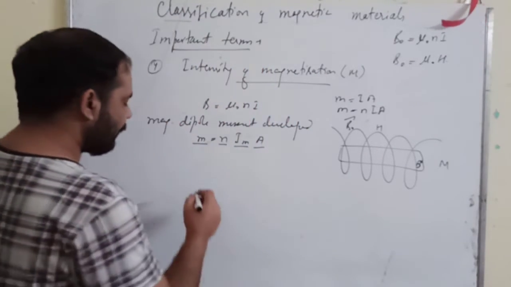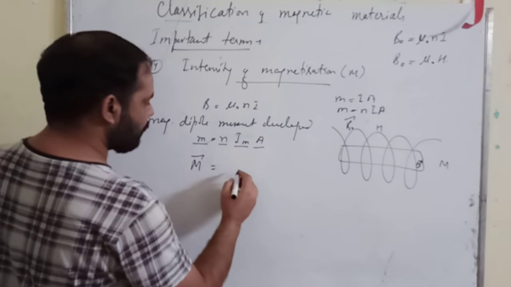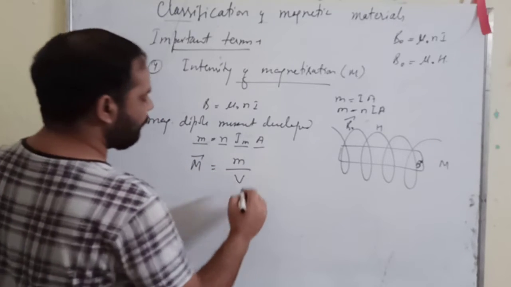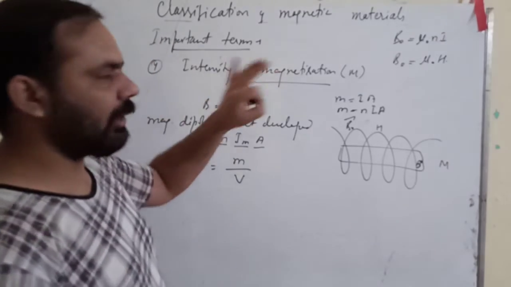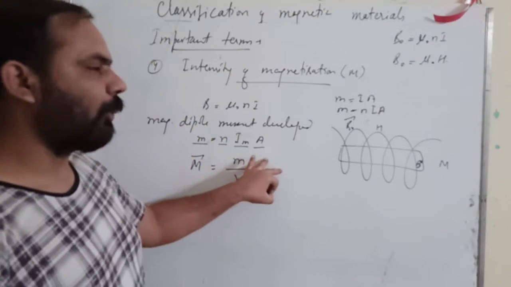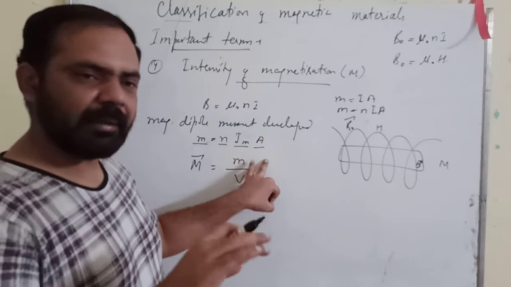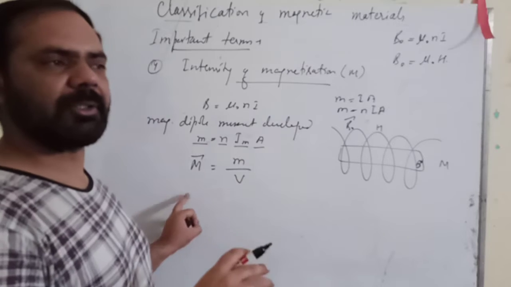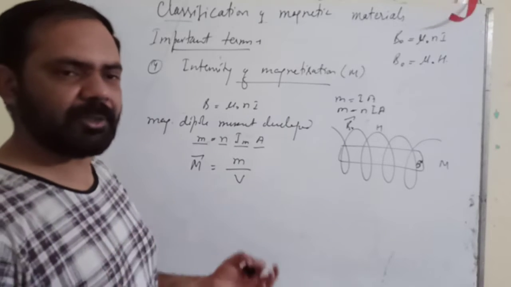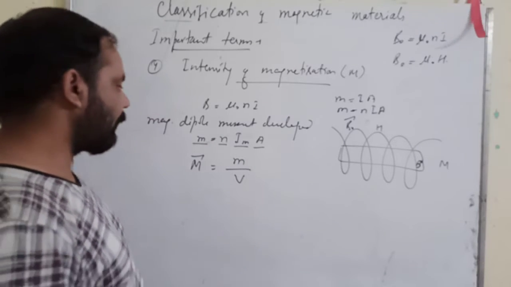So what will the M vector be? It equals the dipole moment developed per unit volume. This is the definition of intensity of magnetization. The dipole moment developed in a material per unit volume is the intensity of magnetization. That will tell you how intense the magnetic field developed is.